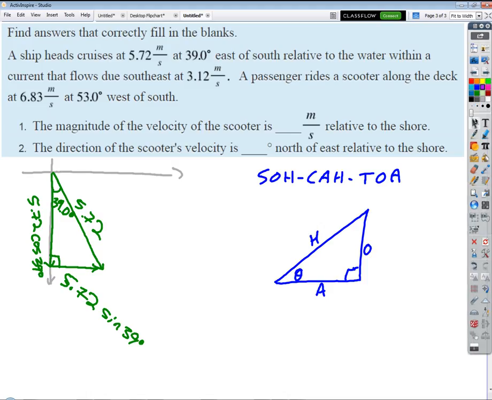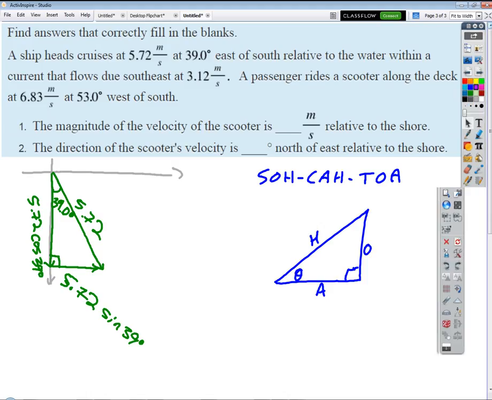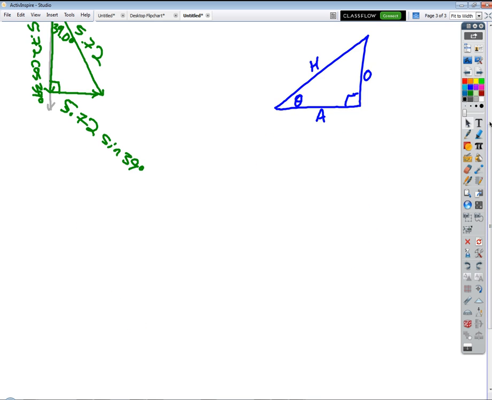And we can add a row to our table. So let's go down to the bottom here.